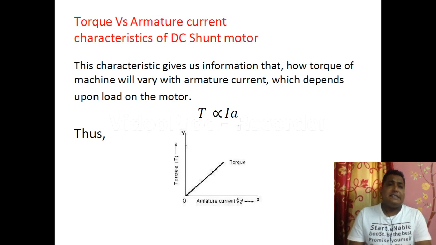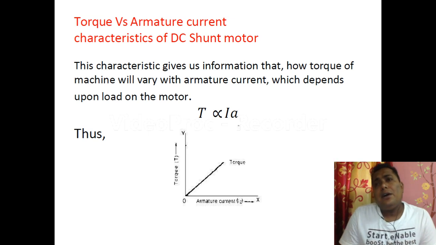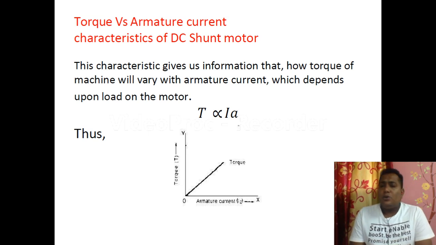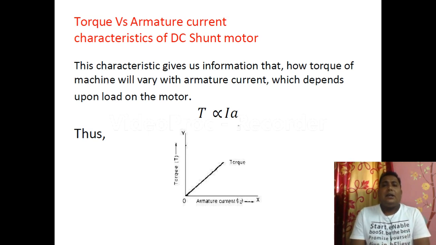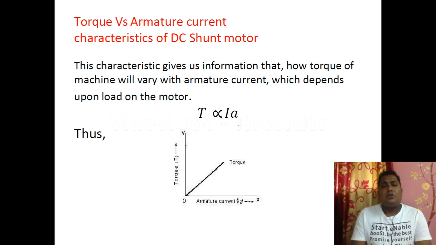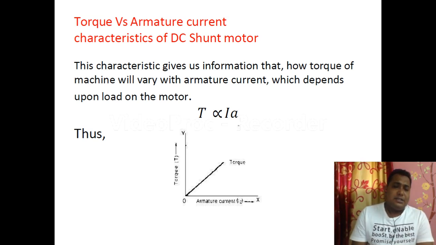This is the first characteristic, the torque versus armature current characteristic of a DC shunt motor. When we did the torque equation, we saw that if we consider P and Z as constant terms for a particular motor, then the torque is directly proportional to IA into phi, that is, the armature current times the flux of the system.